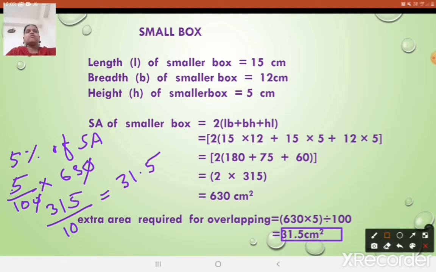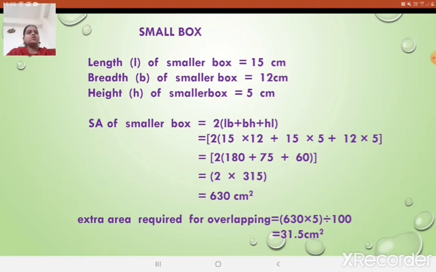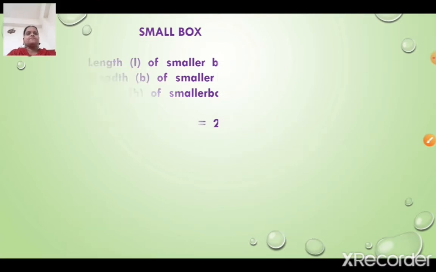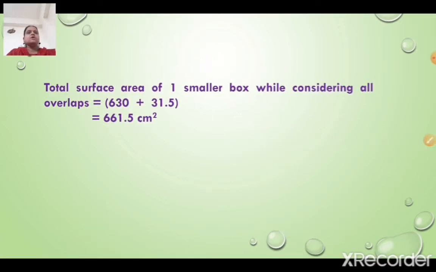What is this value for? Extra for overlapping. Now we will add both these values, 630 centimeter square and 31.5 centimeter square, to get the total surface area. So let us see now the total surface area of one smaller box while considering all overlaps.